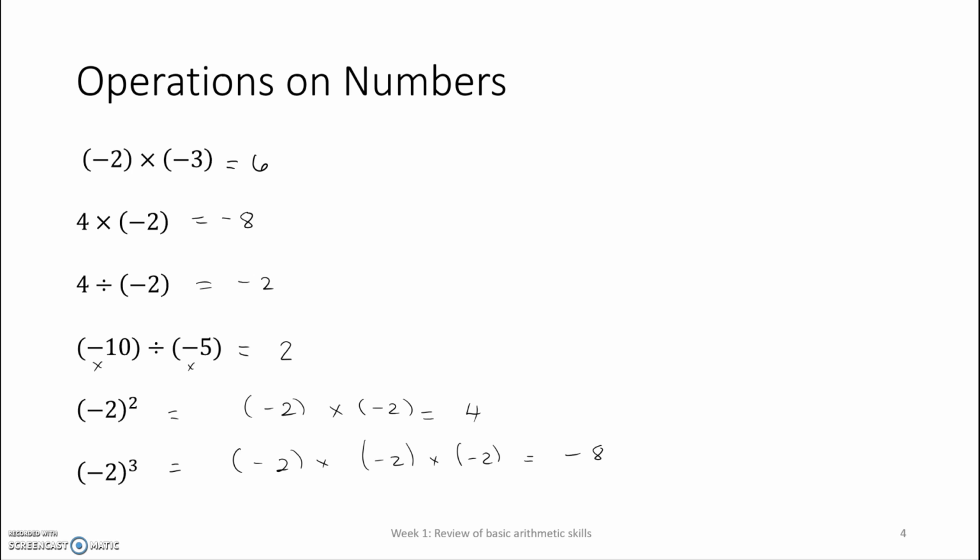Now, just make sure on your calculator you mean this, or whether you mean that, because this one will do the squaring first, and the answer would be 4 made negative, and this one would be negative 2 times negative 2, which is positive 4. Just make sure you tell your calculator exactly what you want it to do.